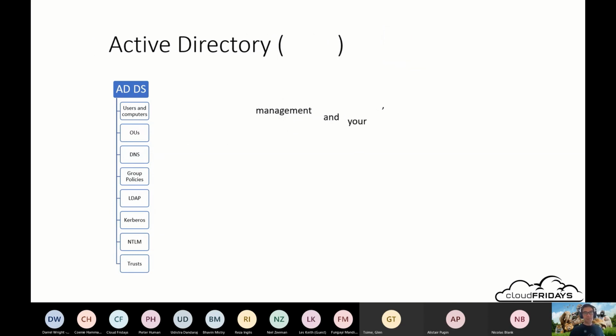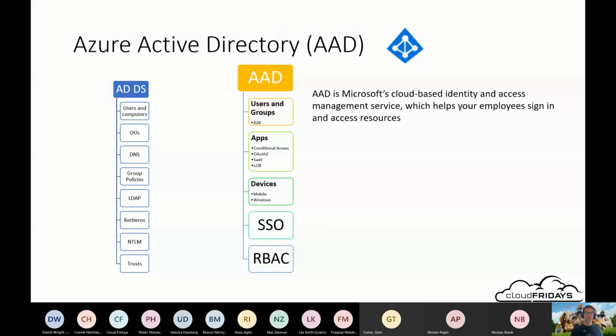Moving to the cloud, we have Azure Active Directory. Now, Azure Active Directory has a lot of things, but it's very different to Active Directory. It has users and groups that are managed. You can manage users and groups, security groups, as well as B2B. So there are your external partnerships.